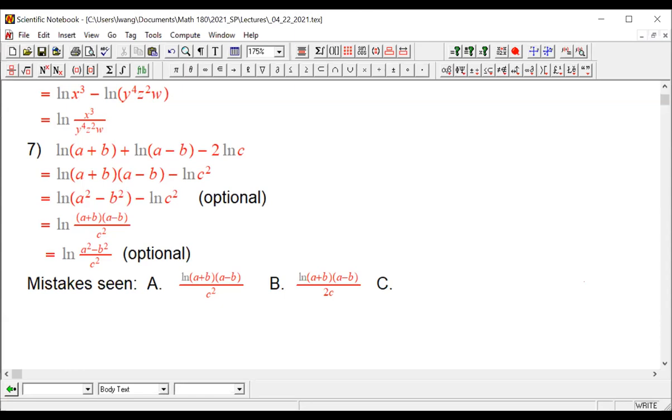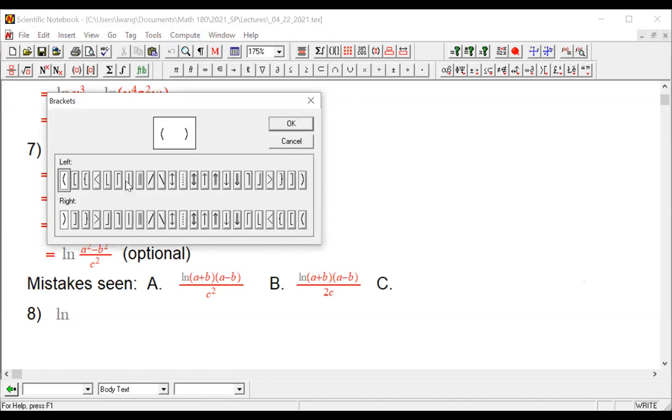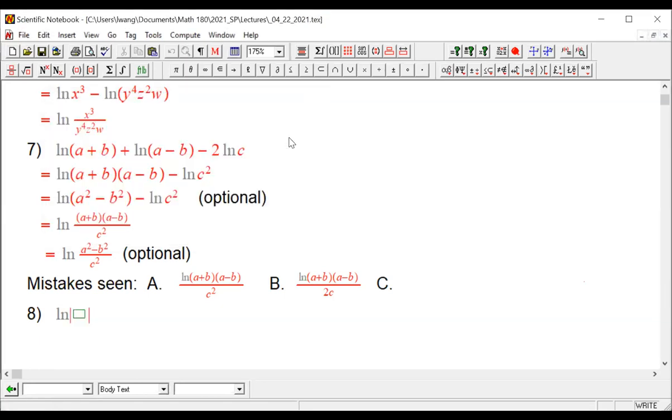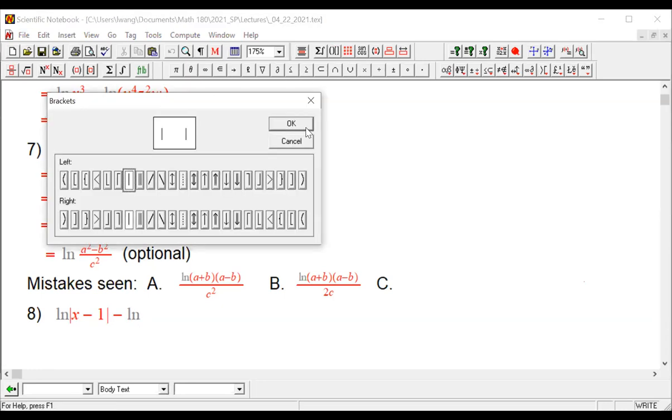But last but not least, I think we still have a little time. Number eight. Oh, number eight, I've seen all kinds of mistakes. This would be typical of something you might see in calculus 2. You do your integration, and in the last step, you end up with ln something like this.